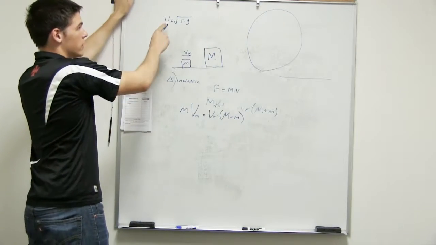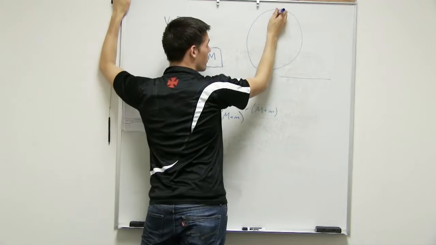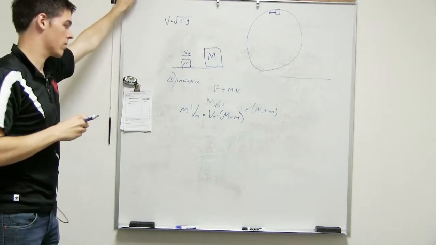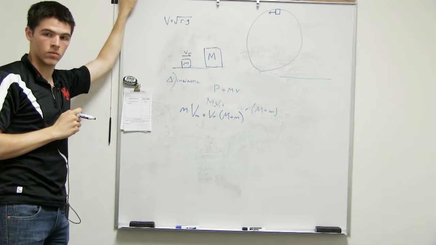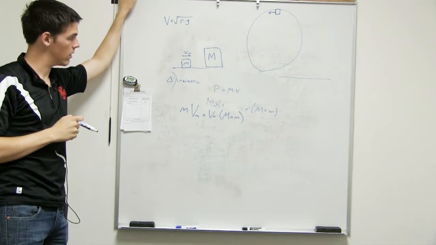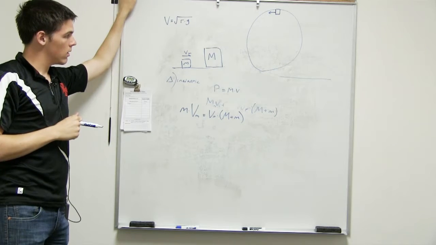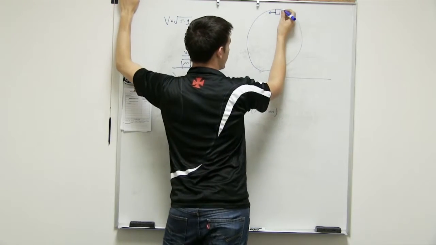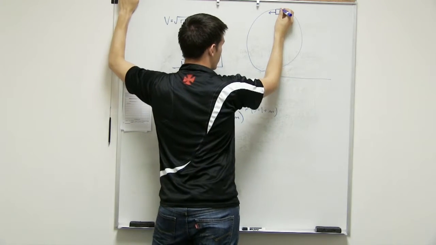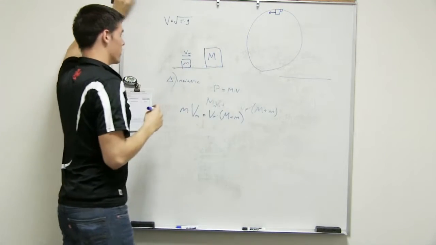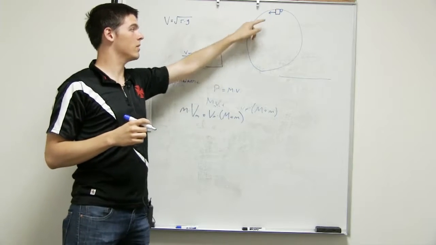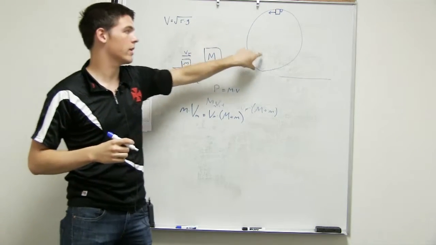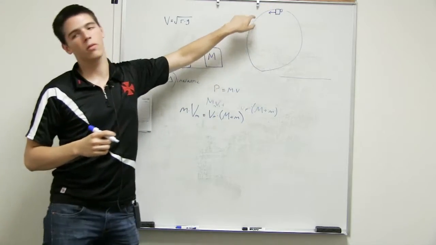But this velocity is the velocity right here when the block is right there. Well, the blocks, the big block and the baby block. So the velocity right here has to be bigger than that, so then it can make it up to that point, and then it can go back down.